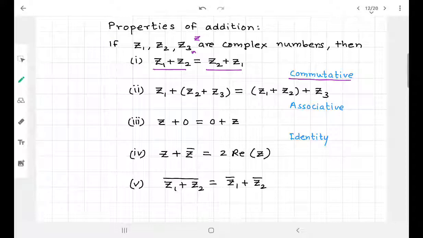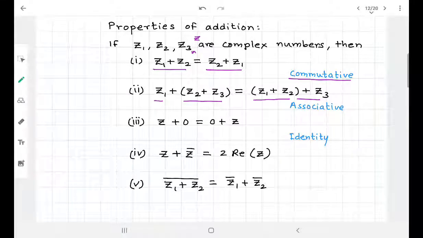Now the associative property. If you have three numbers to be added, so if you add z2 and z3 first and then add z1 to it, or if you add z1 and z2 first and then add z3 to it, in both the cases you get the same answer. So z1 plus z2 plus z3 में, if you do z2 plus z3 first या फिर z1 plus z2 first, total तीनों का addition will always be same. We say it is associative property.